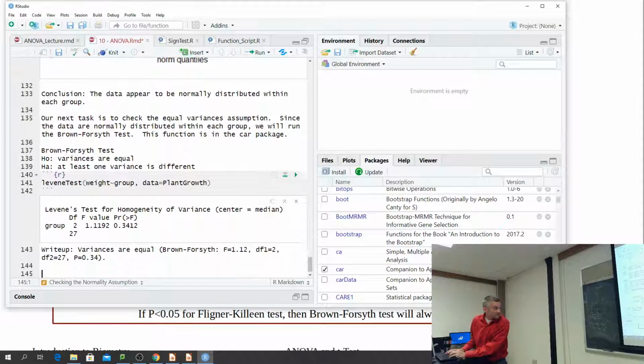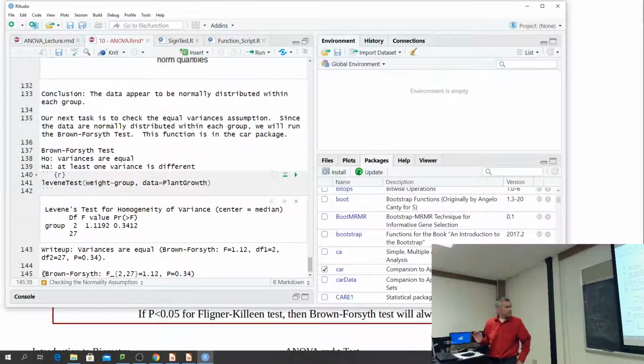If we wanted to write it with a subscript, we can. So we would report Brown-Forsythe, and I'll tell you what this means. If we were in a Word document where we can put up a subscript easily, this is probably how I would do it.